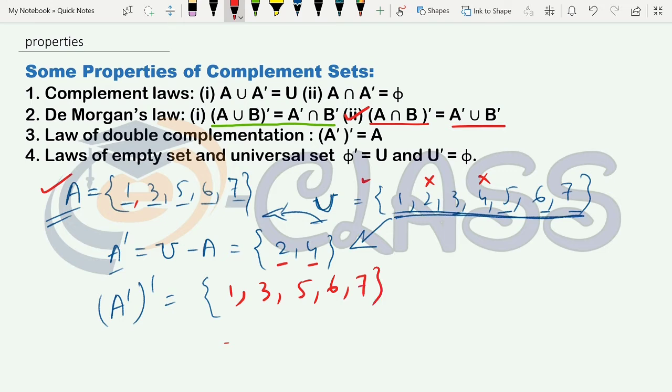If you notice carefully, this set is equal to A, {1, 3, 5, 6, 7}. So we can say that (A complement) complement equals A.